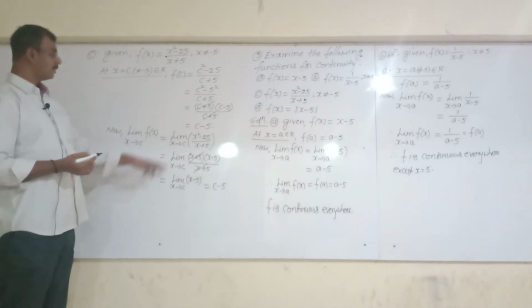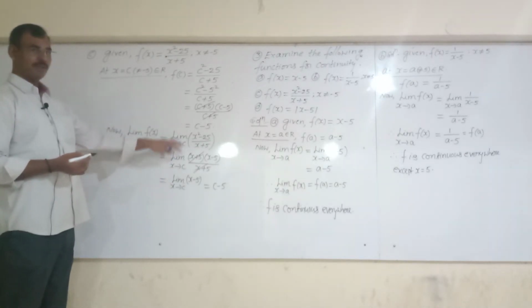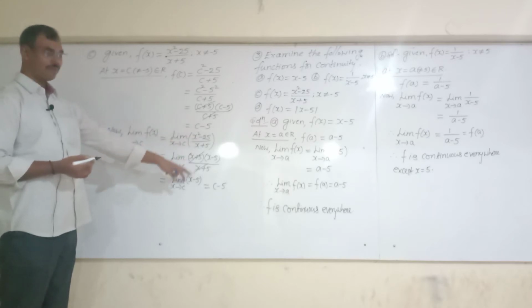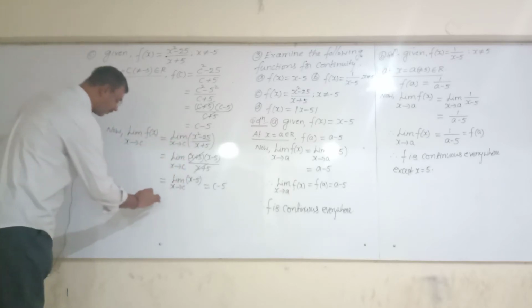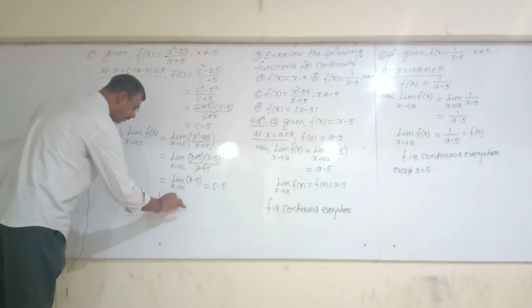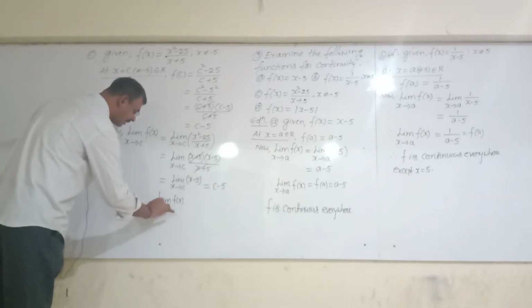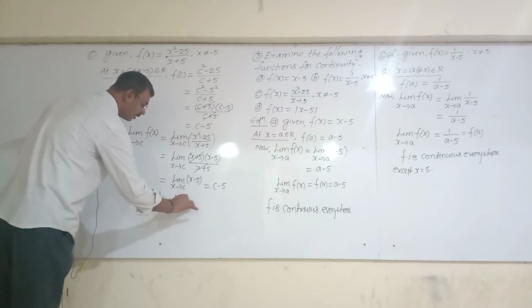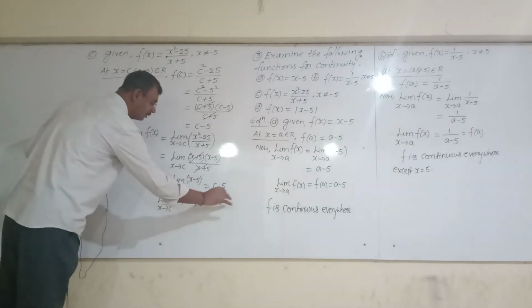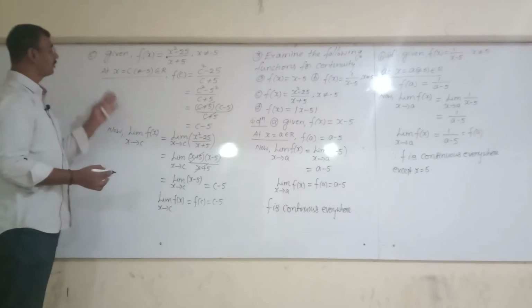So observe, do you get equal numbers? Yes, we got c minus 5. Therefore, limit of f of x as x tends to c is equal to f of c, that is equal to c minus 5.